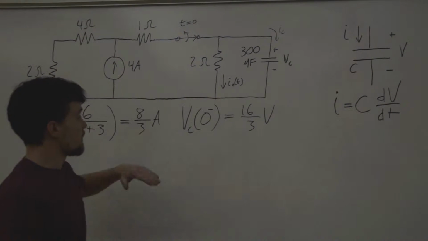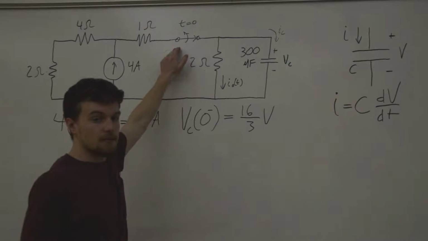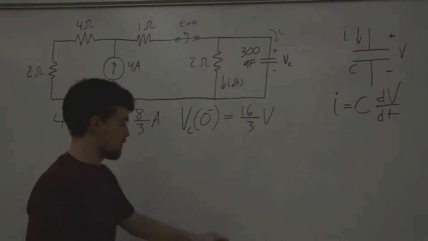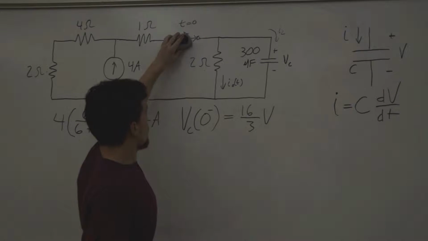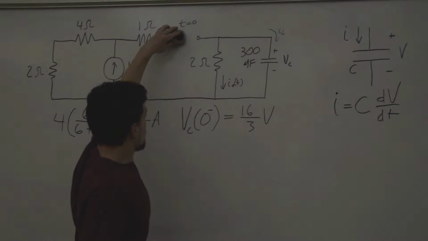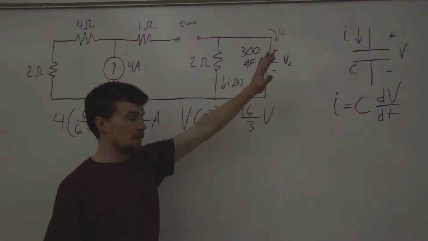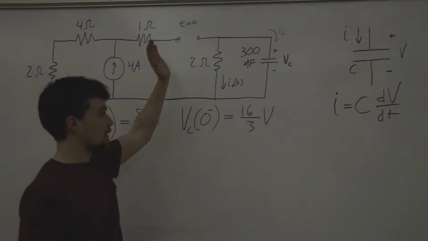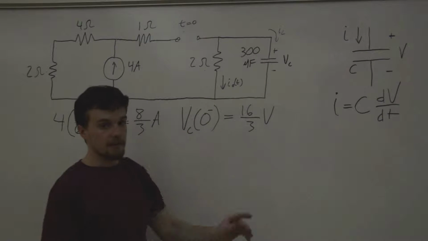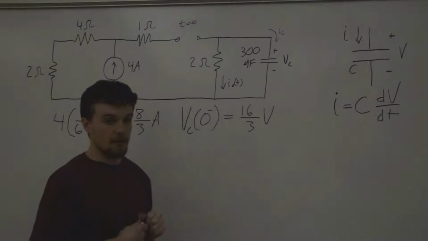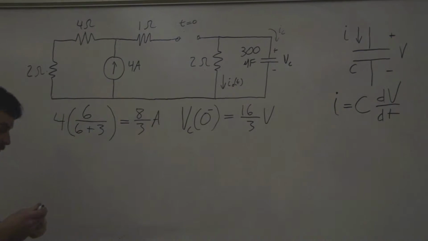So we can see that at time equals 0, this switch opens. And without this switch here, this part of the circuit is separate. Nothing that happens over here affects this part of the circuit at all. It's its own circuit. So we're going to redraw this circuit, it's a little bit easier to work with, and then we'll solve the differential equation.